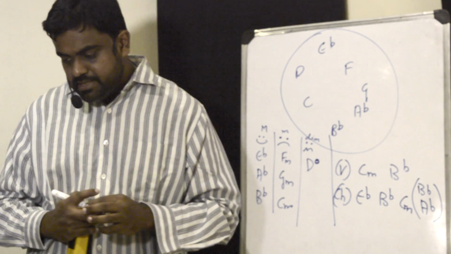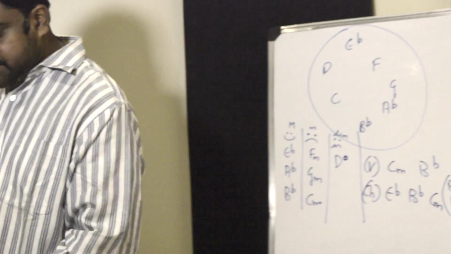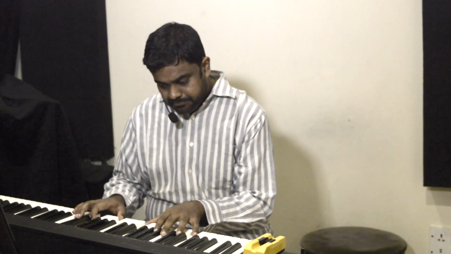So let's just see how this sounds on an instrument like the piano. You could do this on any instrument, a bass, guitar, or banjo, or whatever you play. It obviously has to be a polyphonic instrument for you to generate the notes of the chord. So C minor, da da da da da, da da da da da. Right?